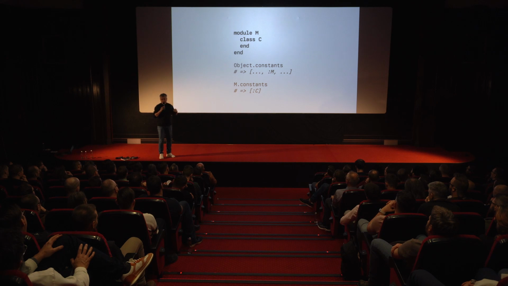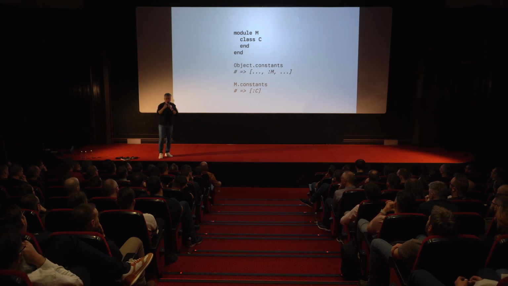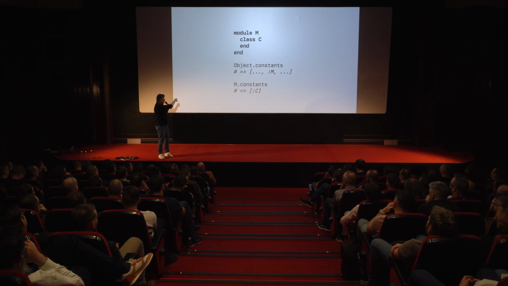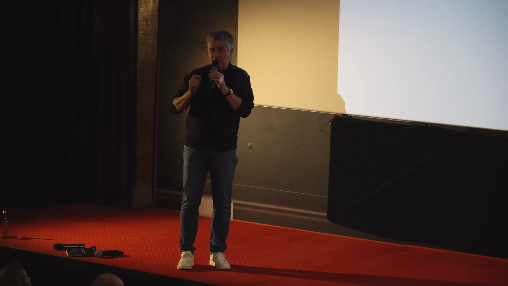Together with string and the rest. But the nesting allows us to create a C constant in the module object we are nested in. So that's why we can now ask M for its constants, and C is included, and there's nothing else. All right? That C nested is a constant. Where is this constant stored? In the module that is stored in the M constant. Okay.